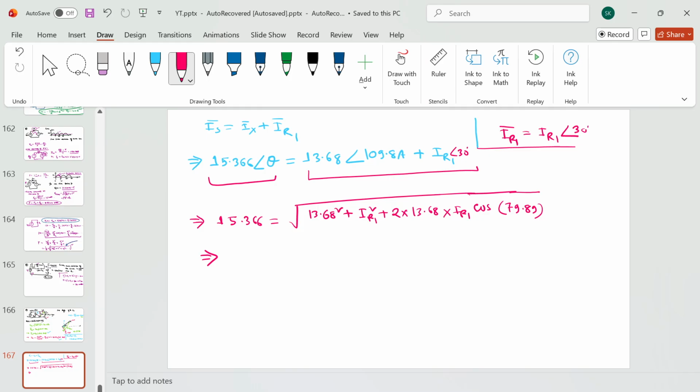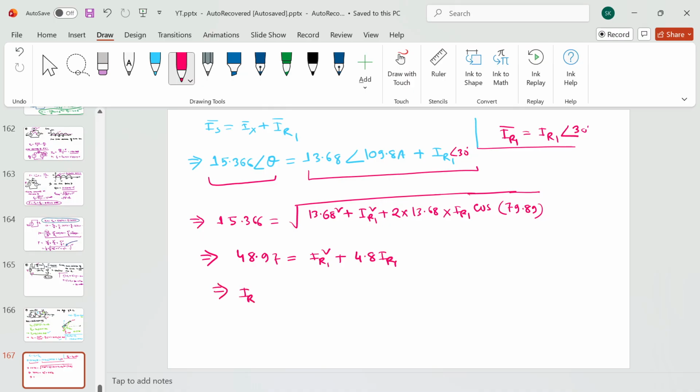So you will get 48.97 is equals to IR1 whole square plus 2 into 13.67 into cos of 79.89, which is 4.8 IR1.